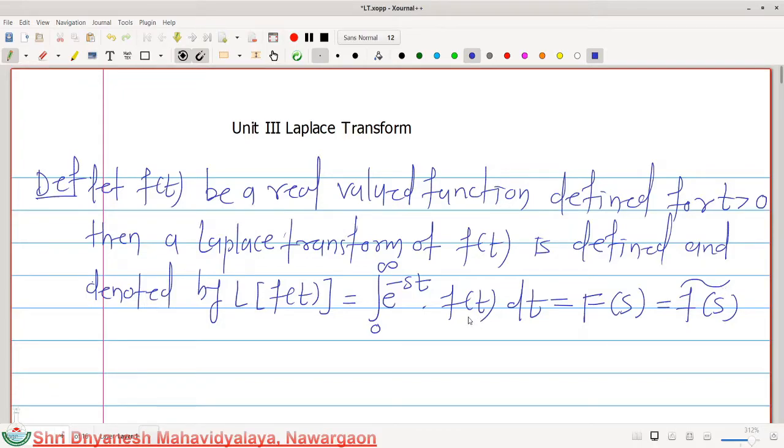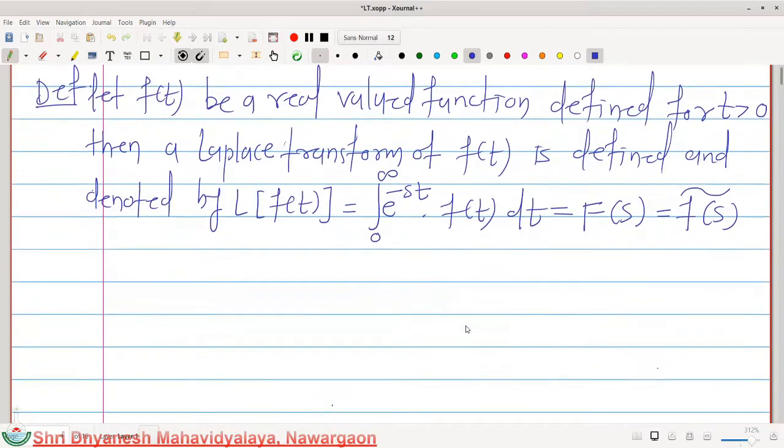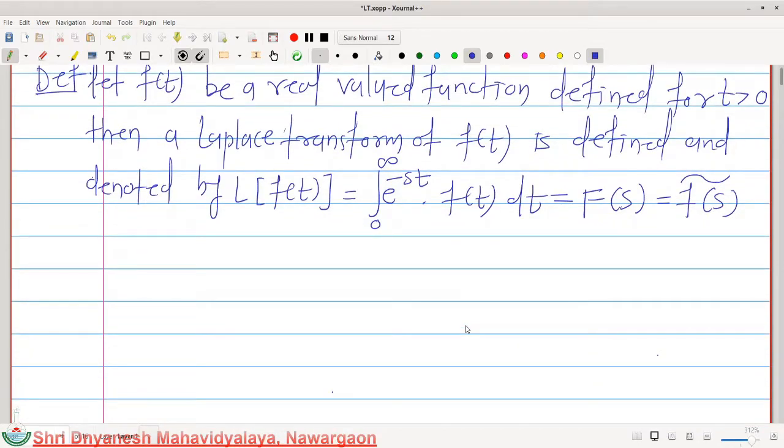Okay, so read the definition again. Let f of t be any real valued function defined for t greater than 0, then the Laplace transform of function f of t is defined as this: L of f of t equals integration from 0 to infinity e to the power minus st into f of t dt.